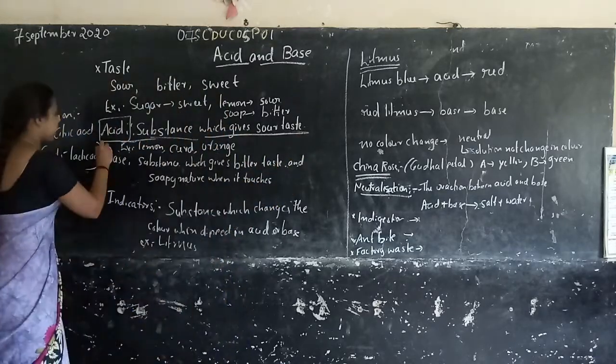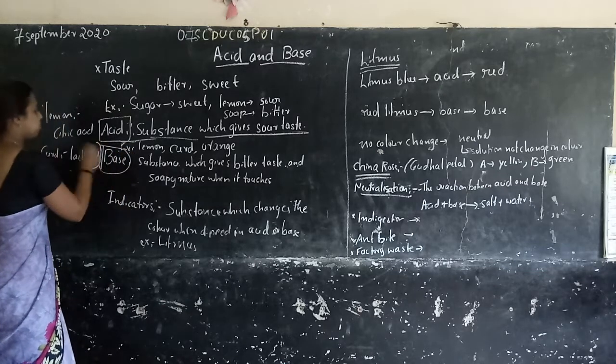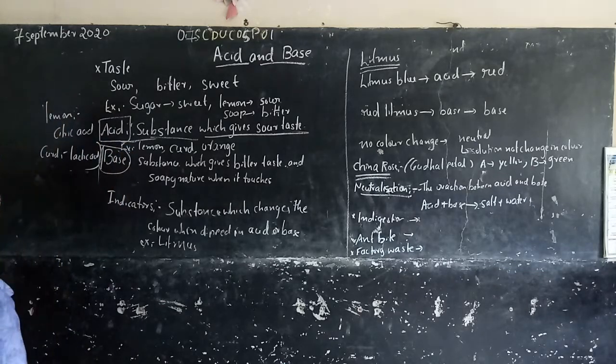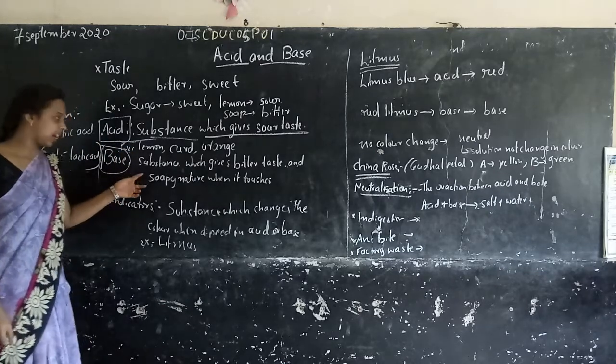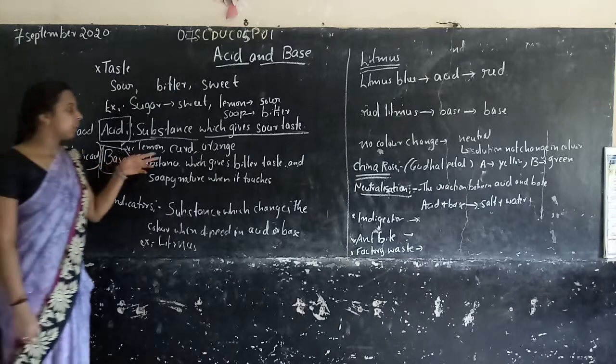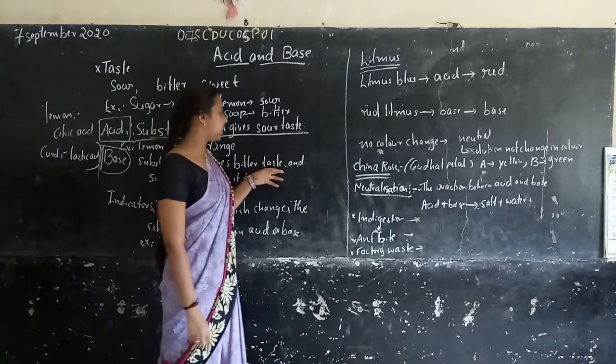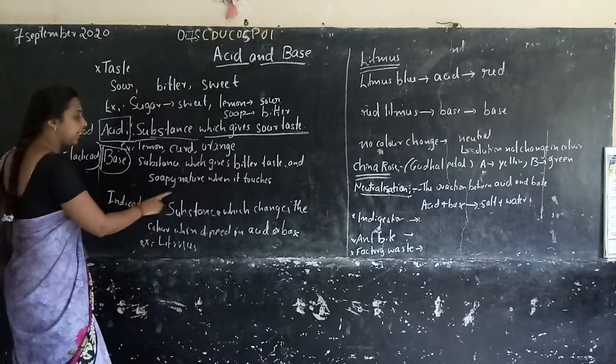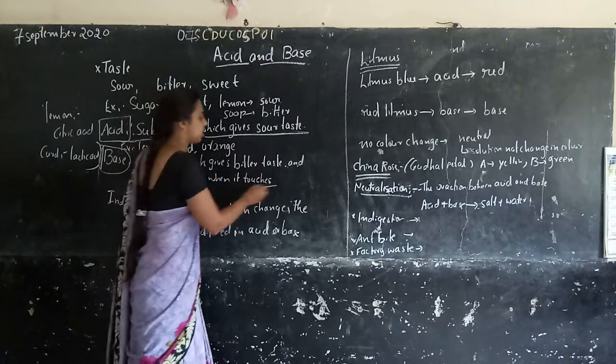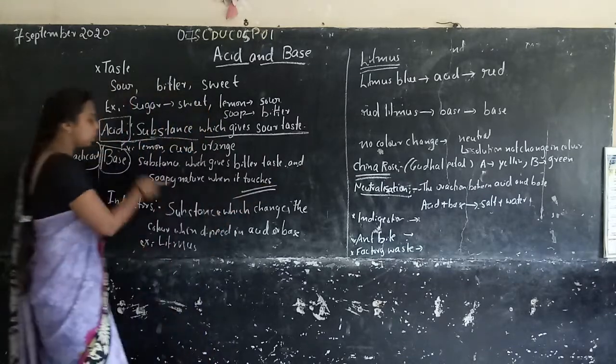Then what about base? Can you read it? The substance which gives a bitter taste and a soapy nature when it touches. So there are two parts to the definition.